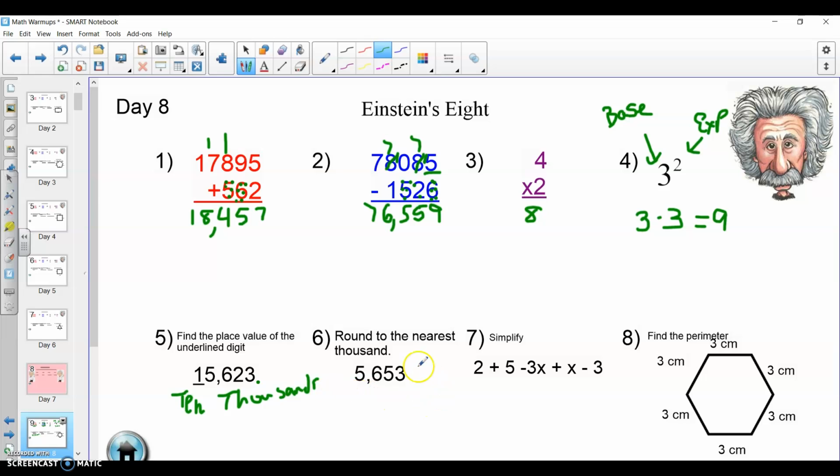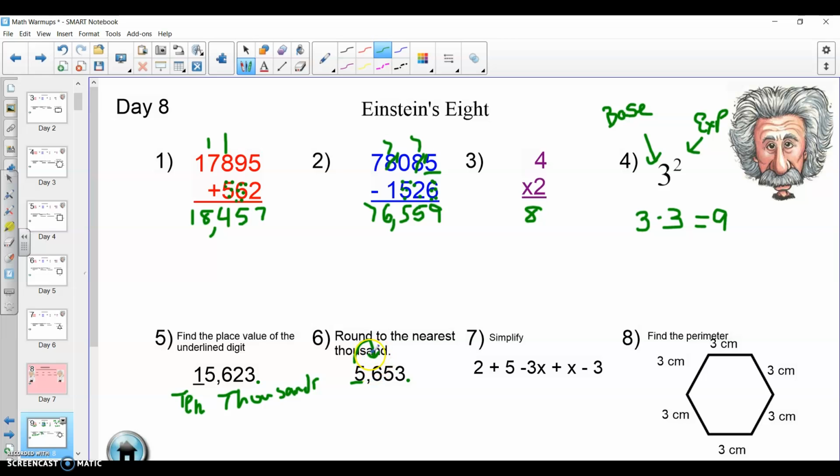Okay? All right, round to the nearest thousands. Well, if you don't know where the thousands is, again, every number has a decimal. So then you are able to place a name to it. 3 is in the 1, 5 is in the 10, 6 is in the hundreds, and 5 is in the thousands, right? What's my neighbor rules?